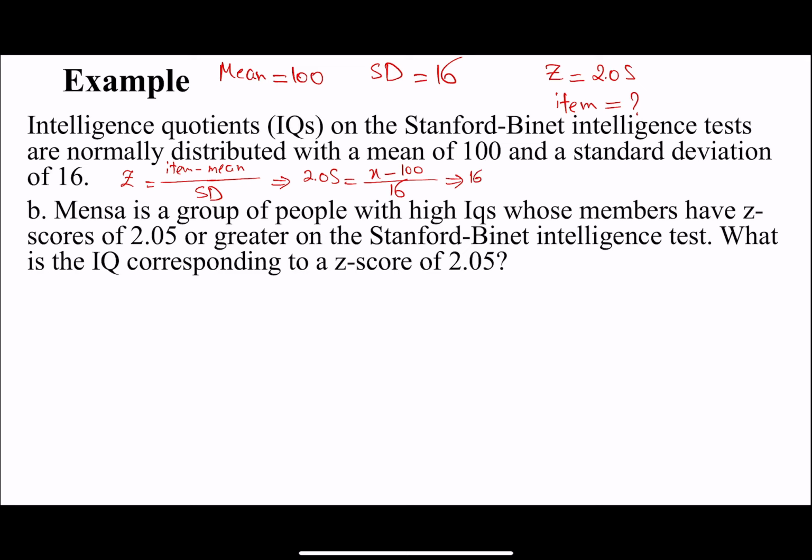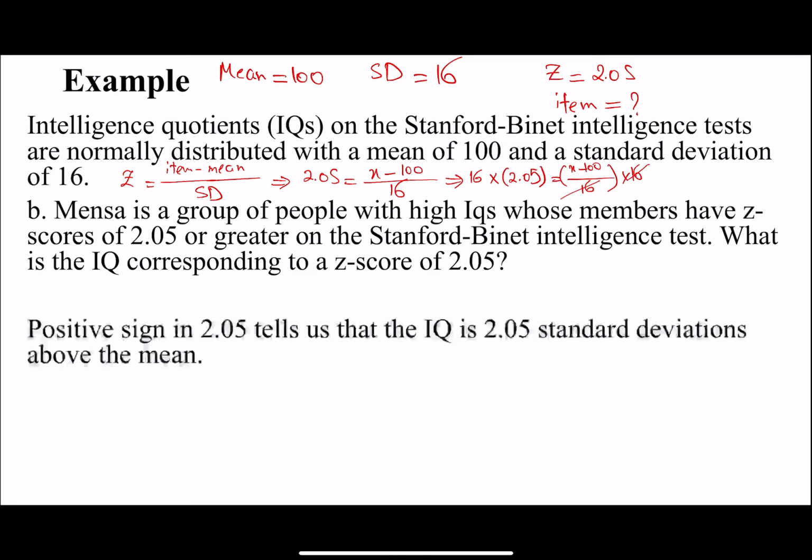On the left side, I have 16 times 2.05. On the right side, x minus 100 over 16, multiplied by 16. On the right side, 16 and 16 cancel each other. On the left side, 16 times 2.05 is 32.8. On the right side, I have x minus 100. To find x, I add 100 to both sides.